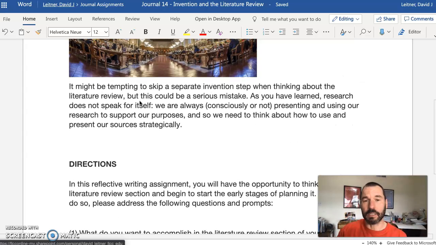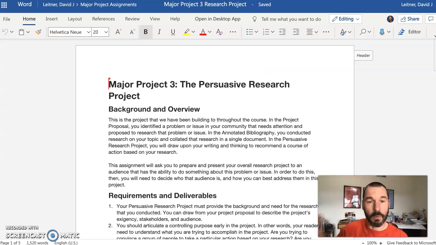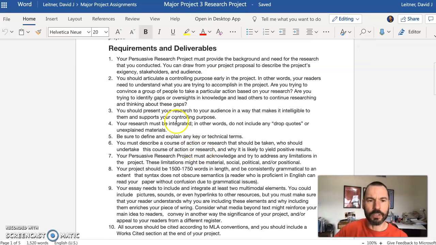And this corresponds, by the way, for Major Project 3, to number 3. The third requirement for the project is that you should present your research to the audience in a way that makes it intelligible to them and supports your controlling purpose. So the literature review could be its own section with a heading.